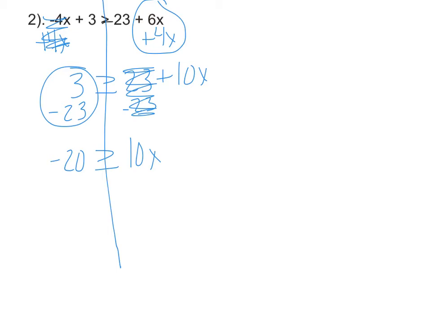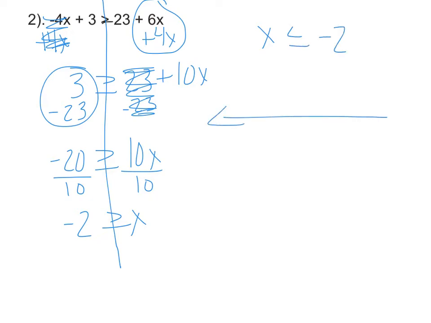The last step, divide by the number with the variable. So we'll divide both sides by 10. And negative 20 divided by 10 is negative 2, greater than or equal to x. And since we're going to graph, I'm going to flip that. So my variable's first. So x is less than or equal to negative 2.